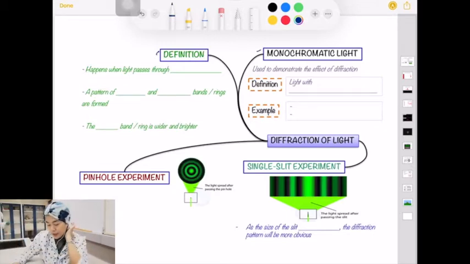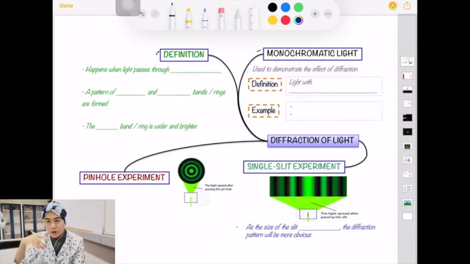Okay, so let's look at the cause and also the definition of the diffraction of light. Of course, the definition for diffraction is the spreading out of light. Light diffraction happens when light passes through a narrow opening, also called a slit, for the single slit experiment.